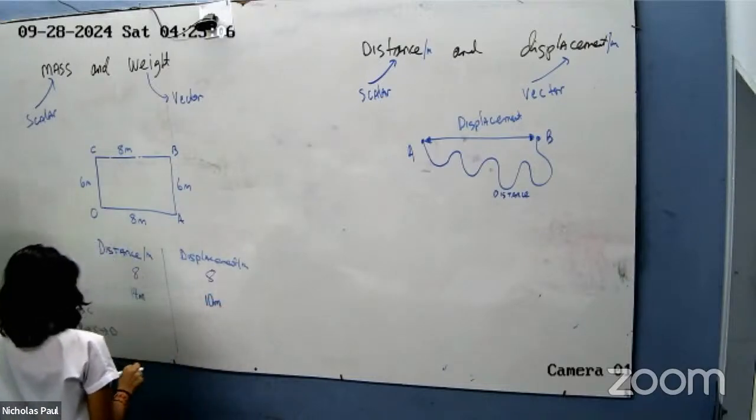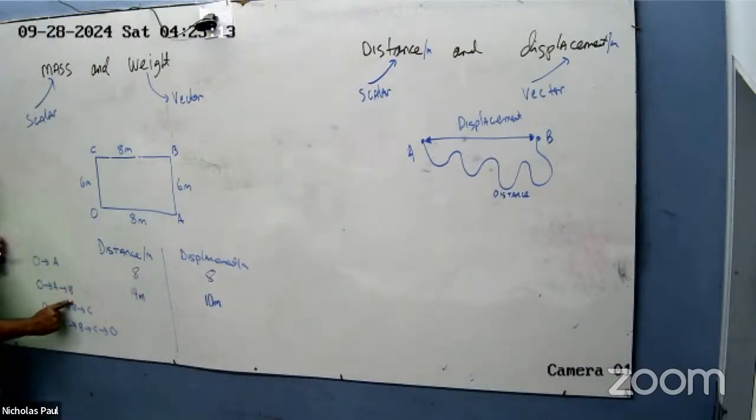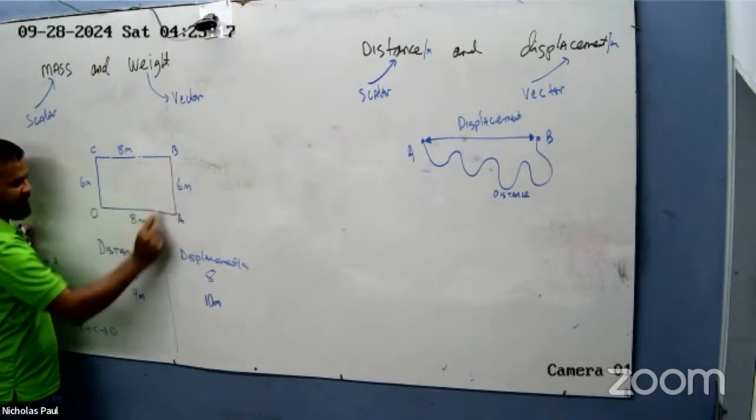She got 14 and 10. Let's see that. So O to A to B, 8 plus 6, that's 14.